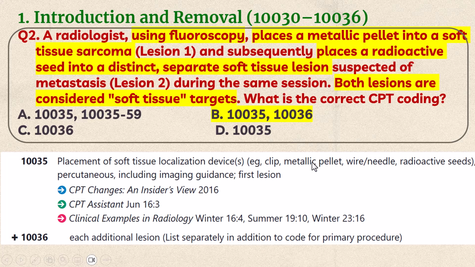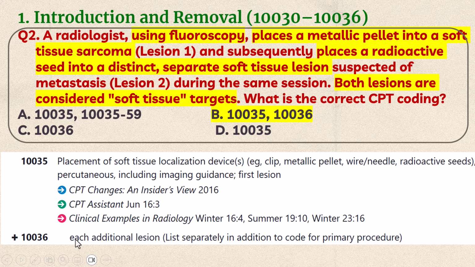Example, clip, metallic pellet, wire, needle, radioactive seeds, percutaneous, including imaging guidance; first lesion. So for the first lesion, you have to use this code. Then for the second lesion, the add-on code, that is each additional lesion, you have to use this add-on code. So that is 10,036. So the correct answer will be 10,035 and 10,036. In this case, you can't use a modifier because this is an add-on code.